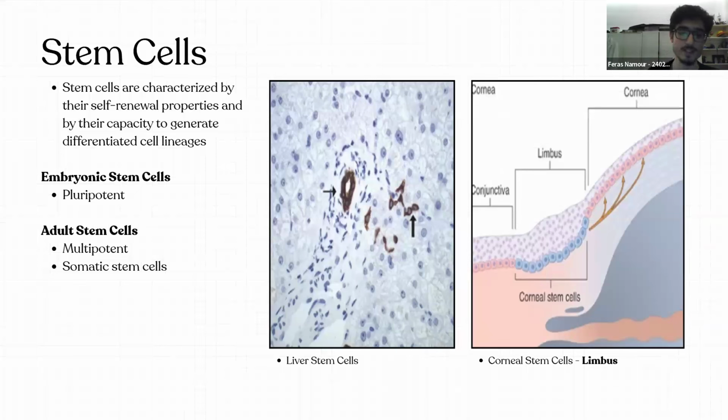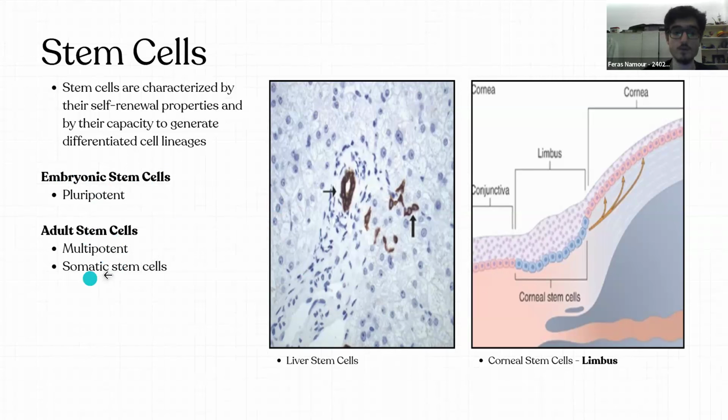So before we can discuss tissue repair properly, let's briefly go over the concept of stem cells, because this came in the OSPE, or maybe it was an MCQ, but I'm very surprised this even came. You have embryonic, pluripotent stem cells, and you have adult stem cells, which are multipotent. By now, you are very familiar with these terms. Pluripotent gives rise to much more variety than multipotent, and you cannot find embryonic stem cells in adults.